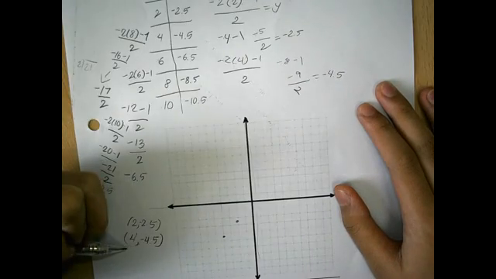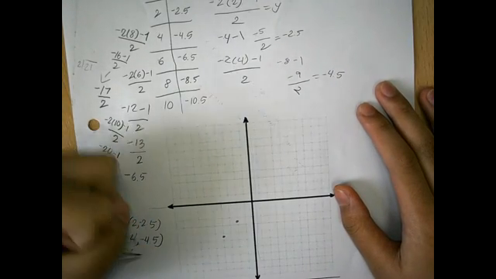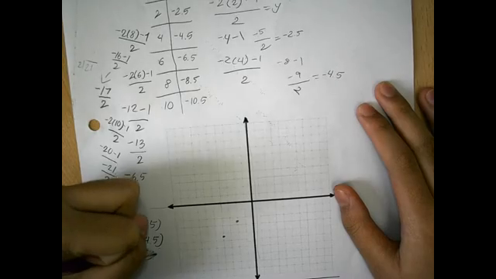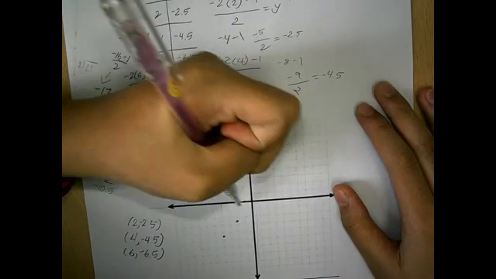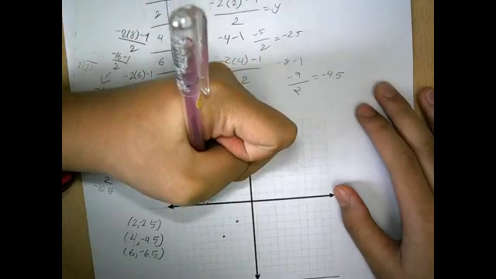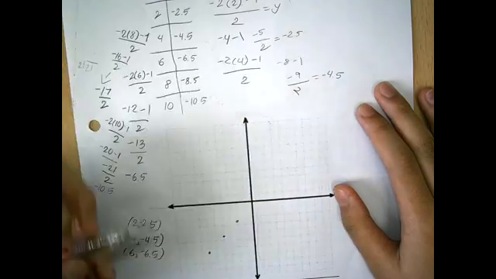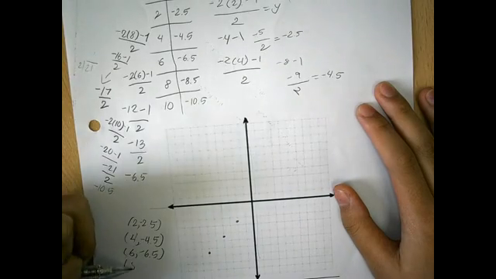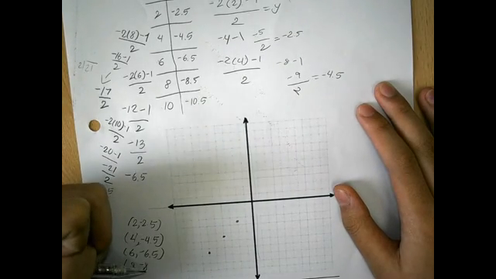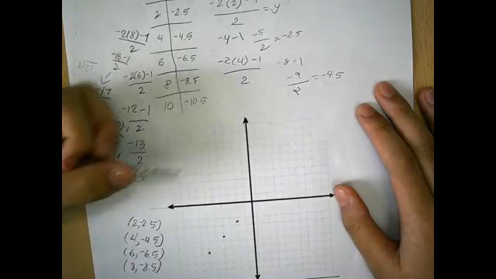Our next coordinates would be 6 and negative 6.5. And our next coordinate would be 8, negative 8.5.